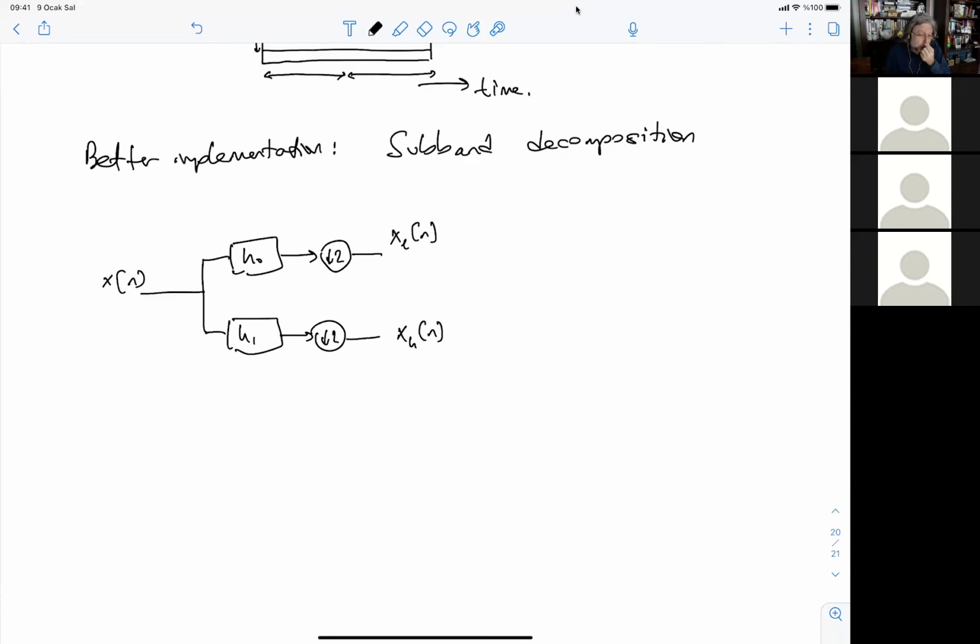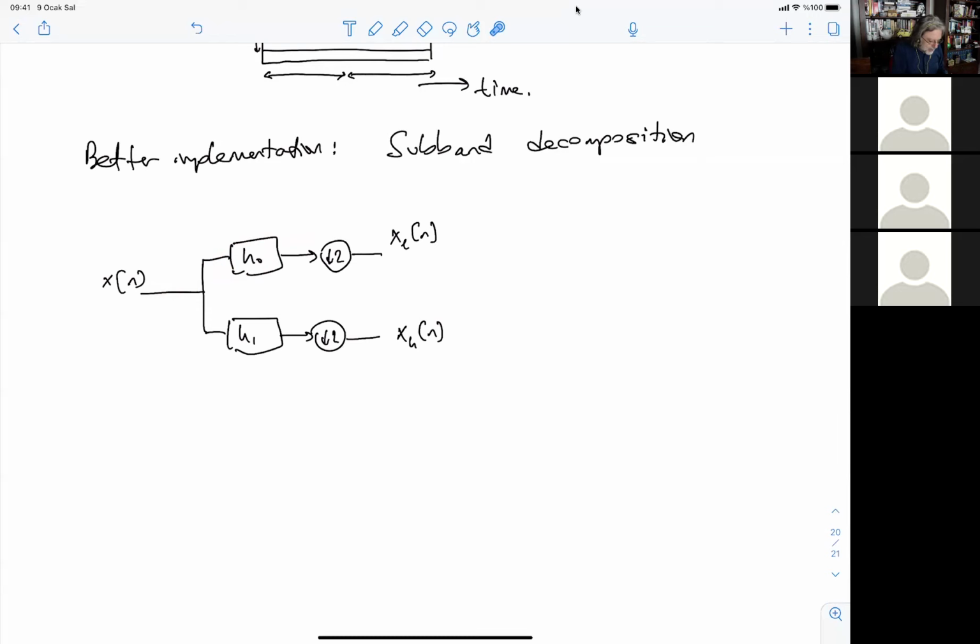One thing that you have to understand here is the rate of the input and the combined rate of the output branches. Suppose that the length of the input is finite, let's say 1000. What is the length of XL and what is the length of XH is the thing that you have to consider. And here, if the filters are short, you can ignore the convolution. The convolution with a relatively shorter filter, if the signal is long but the filter is short, you can say that the size after filtering does not really change.